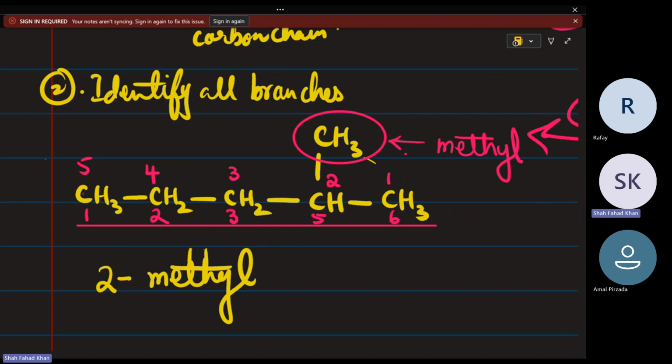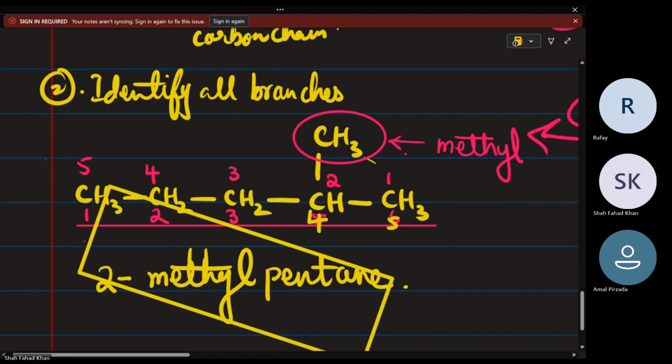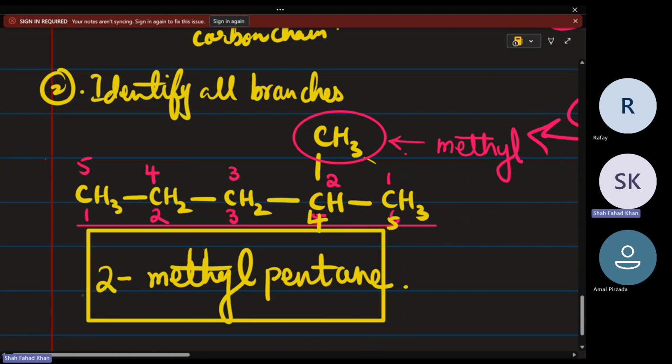And then how many carbon atoms do we have in the longest chain? 5. So this is 4 and this is 5. Yeah, we have 5 carbons. So a 5 carbon alkane is called pentane. So 2-methyl pentane will become the name of this particular compound. Understood? Easy? Amal, all good? Yeah, all good.